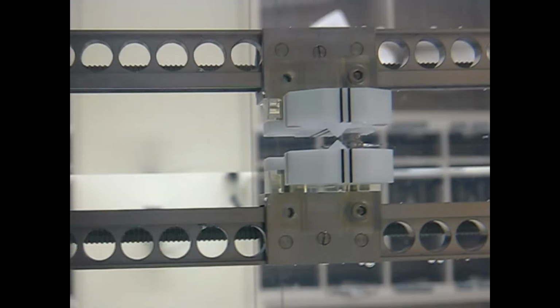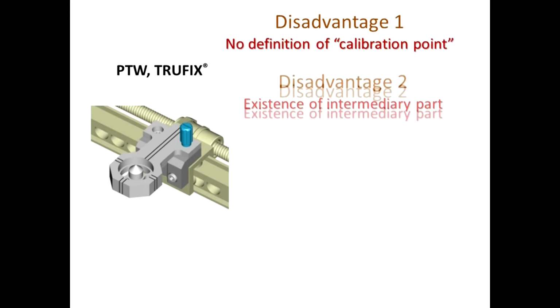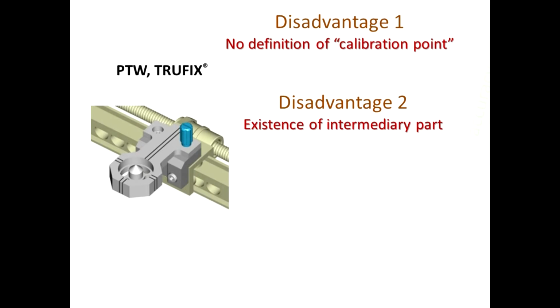Let us compare our device with similar devices of some known companies. True fixed attachment system of PTV Freiburg. Despite the lack of a clear definition for calibration position, we can quite precisely, plus minus 0.1 mm, place the cone close to the water surface.